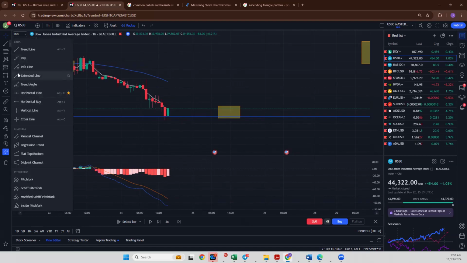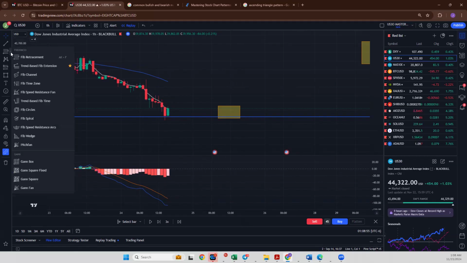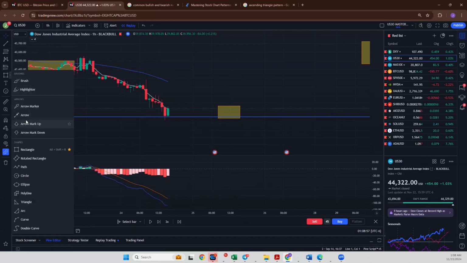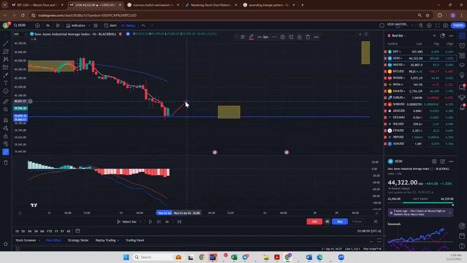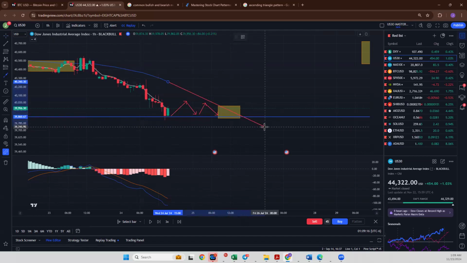If it looks something like this, and if it continues to look something like that, and then this EMA here comes down like this, that's going to be a flag.